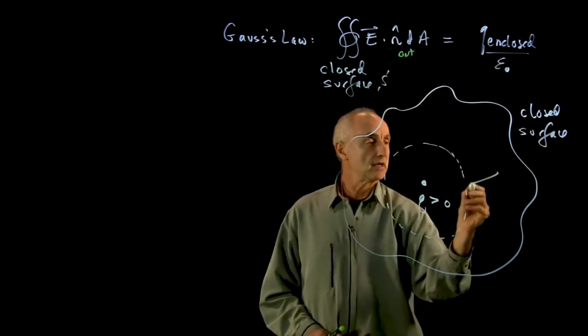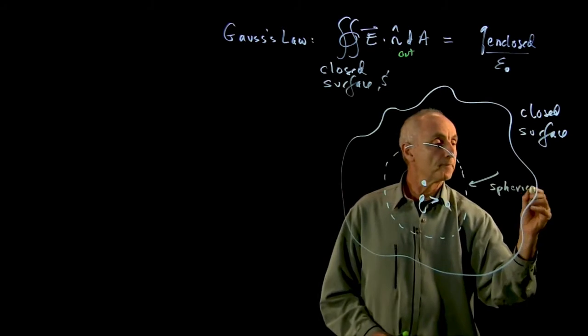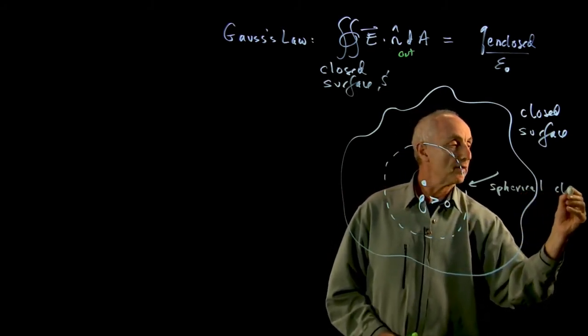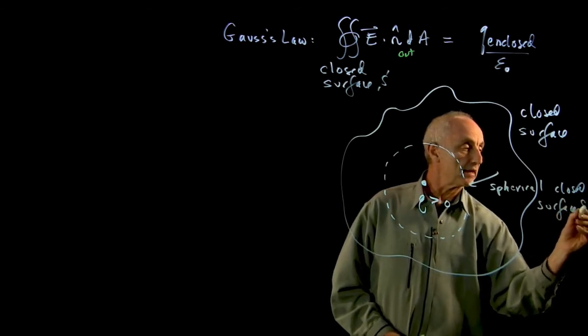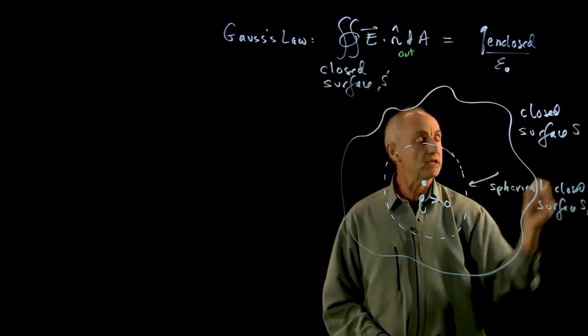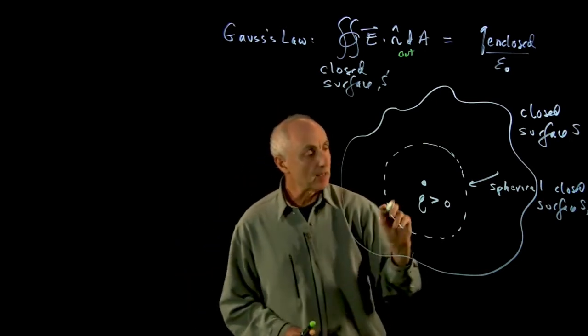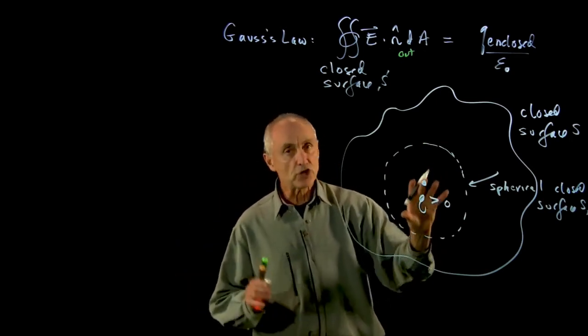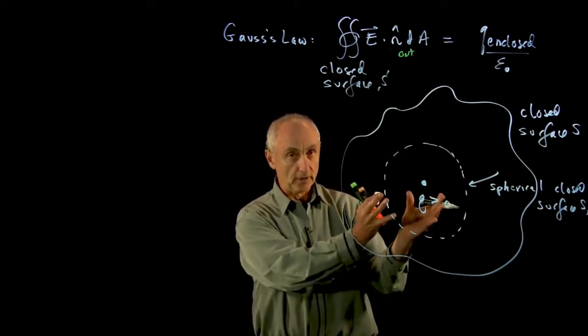So this is a spherical closed surface. Let's call that S1. The outer one is S. Now, here's the interesting thing. If you think about the geometry of what I've constructed, I've surrounded Q with a closed sphere.